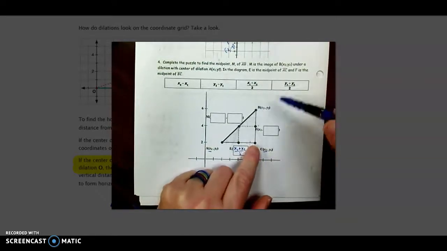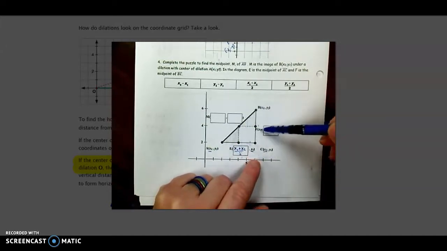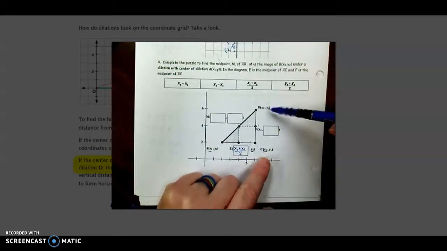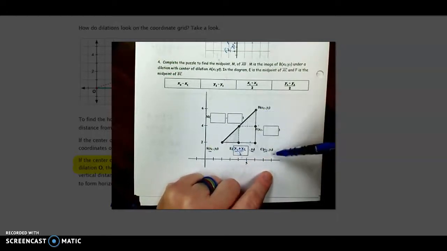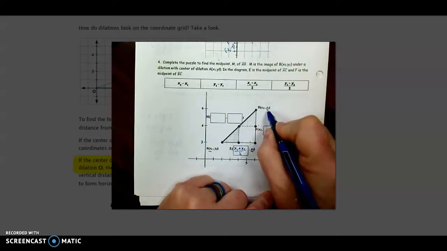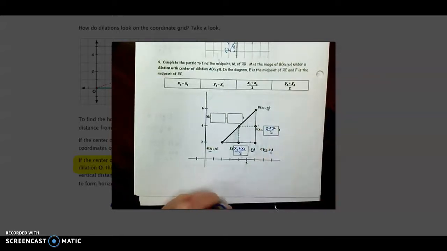Looking vertically here, these all go to the right the same number of units, so you can see they all have an x of x2, just like point C did. The y value is what's changing, and this one has a y1, and this one's y2, and this one's halfway between. So again, I would have to add these y values and divide by 2 to find this new y value here.